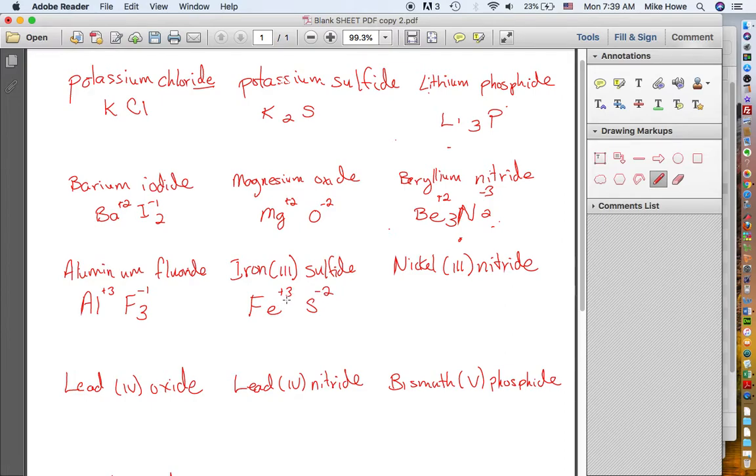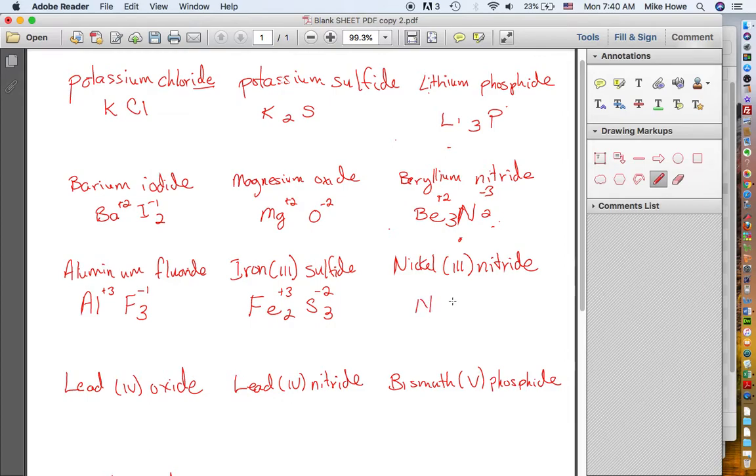I need to multiply the 3 by something to get 6, and I'm going to multiply the 2 by something to get 6. So what will I multiply the 3 by to get 6? That would be 2. What would I multiply 2 by to get 6? So 2 times 3 equals 6. And there's our formula. See, our total negative charge would be -6, 3 times -2. And our total positive charge would be +6, 2 times +3.